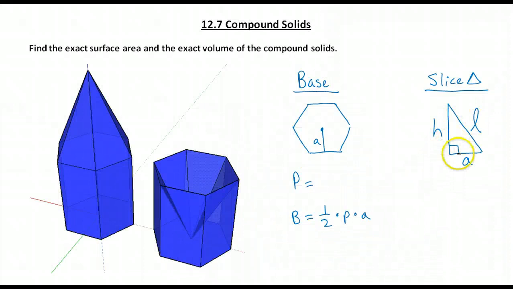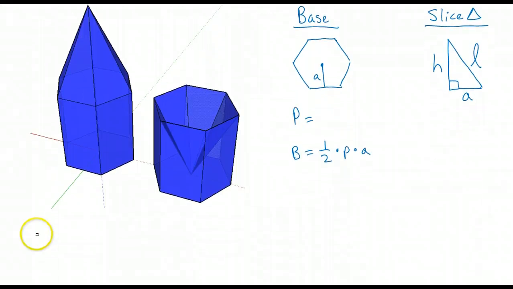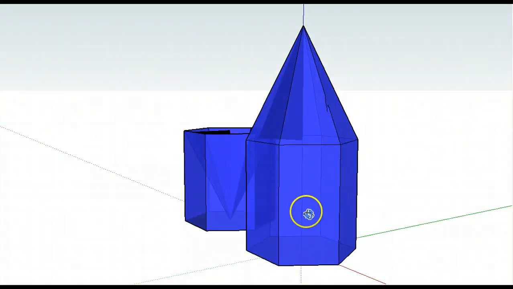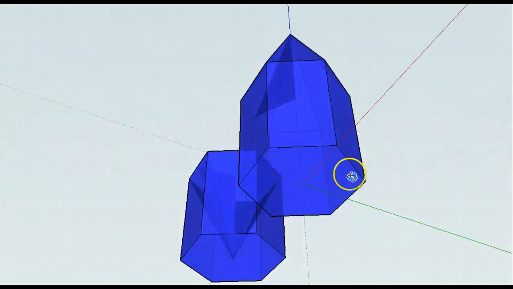After I figure out all 3 of these measures and the perimeter and the base area, I can now problem solve to figure out my surface area. Surface area is the total area of all the faces of my solid. So if I look at this first shape, all of the faces are going to be all of these triangles, all of these rectangles, and this hexagon.